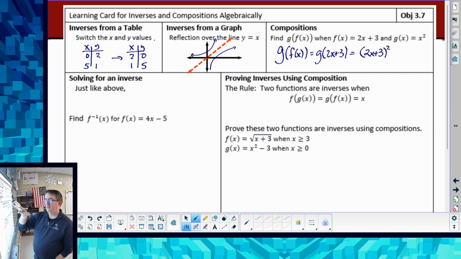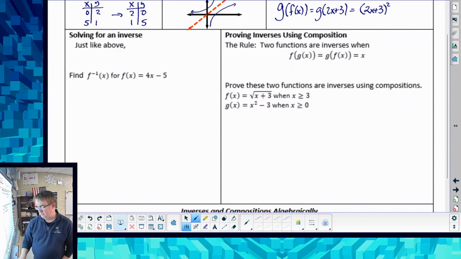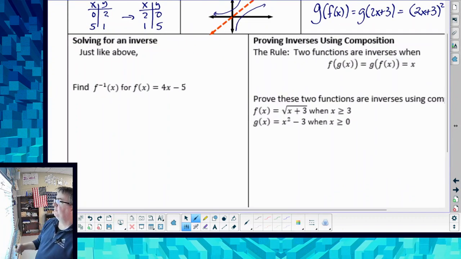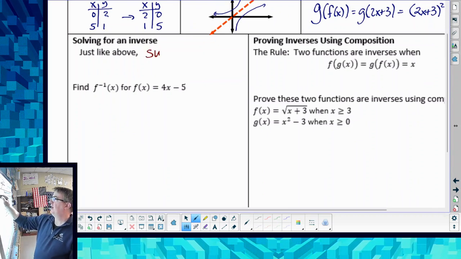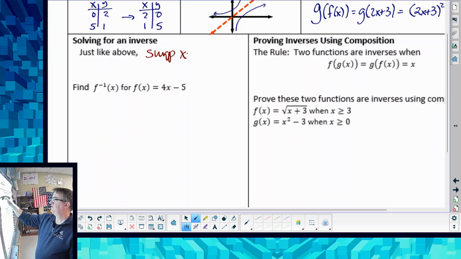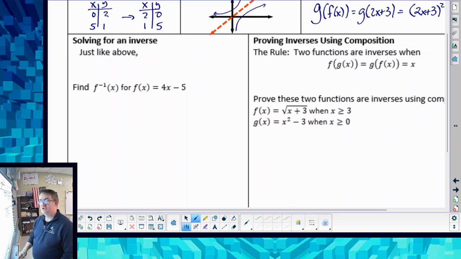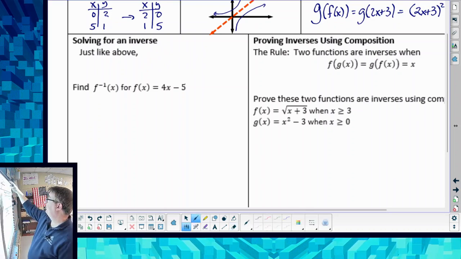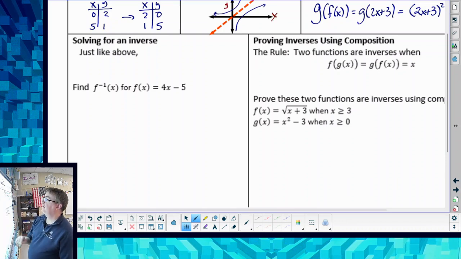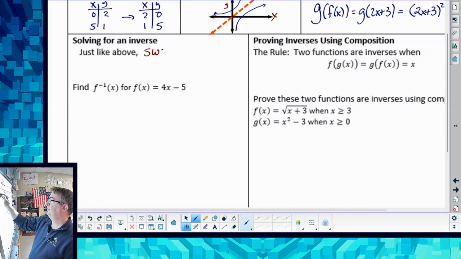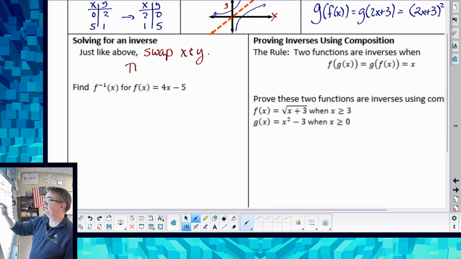So down over here, when you're solving for an inverse, what you need to do is go through and swap x and y. Just like we did up above with the tables, and also technically with the graphs, since we're swapping x and y, I should have labeled those. I am so sorry. The only difference is that we then solve for y.